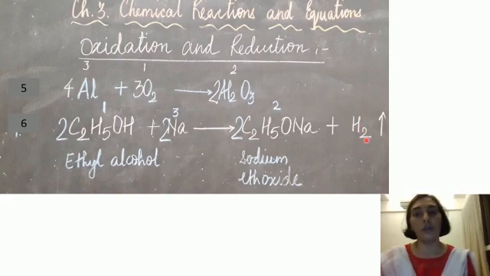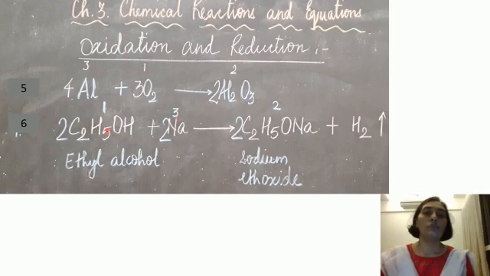Here we can see that there are two hydrogen, but here we have only one hydrogen. So to balance it, we write a coefficient 2, but this whole C2H5 also becomes 2, and so we write a coefficient 2 here also. And lastly, this sodium becomes 2 over here, and to balance sodium we write a coefficient 2. So this is our third step.